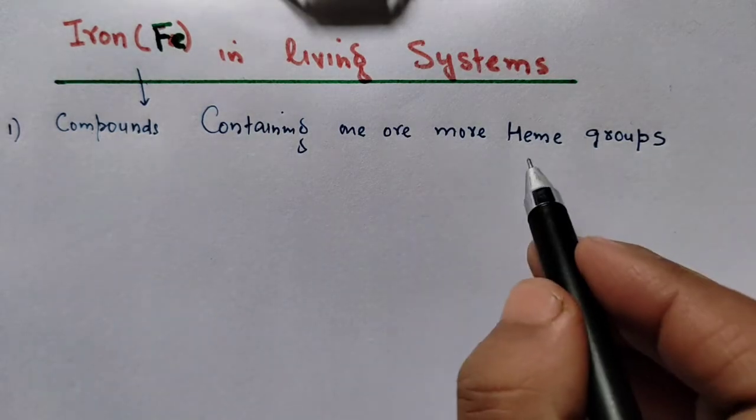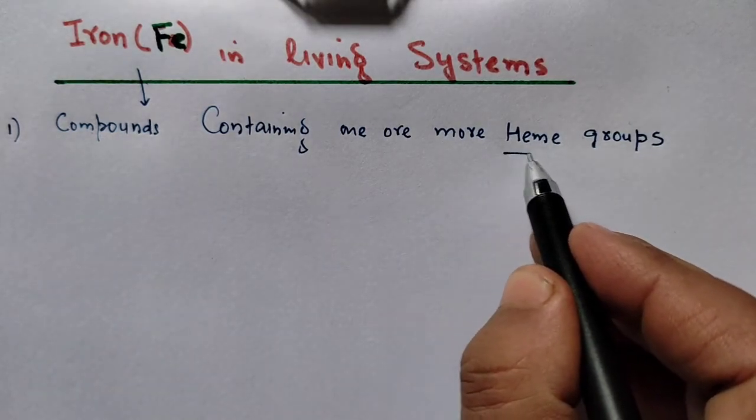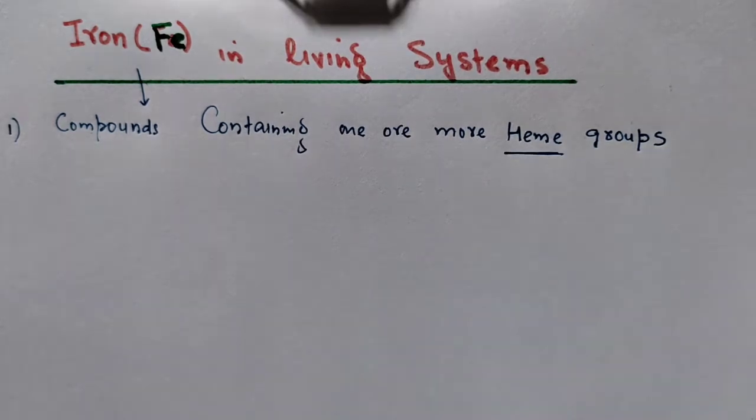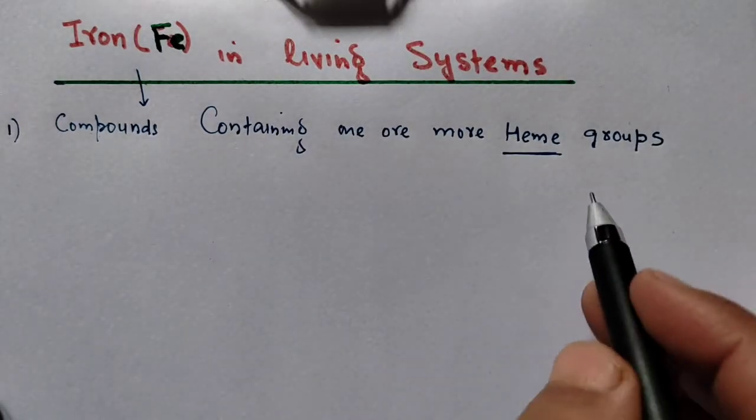Heme groups, as I said, means you have that porphyrin ring and then iron at the center, where we have four pyrrole rings, as we discussed in the last class.